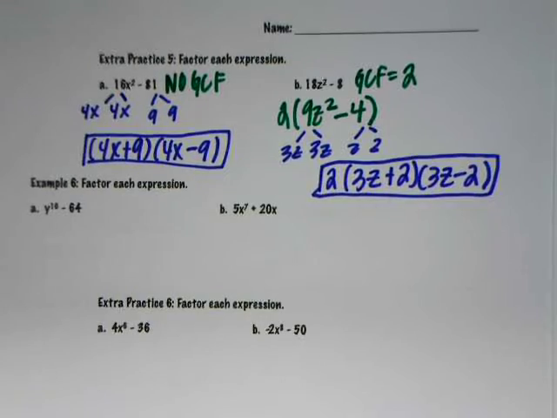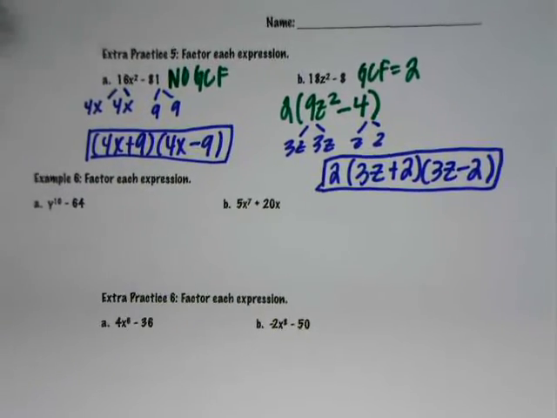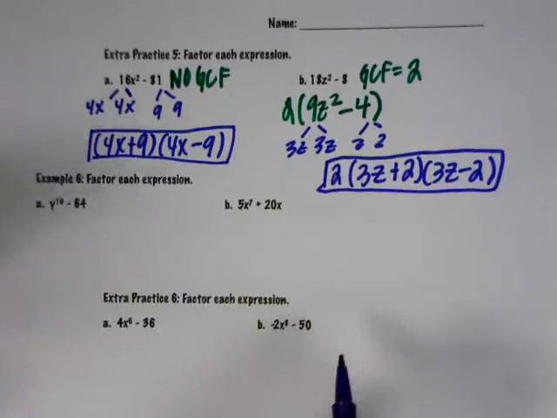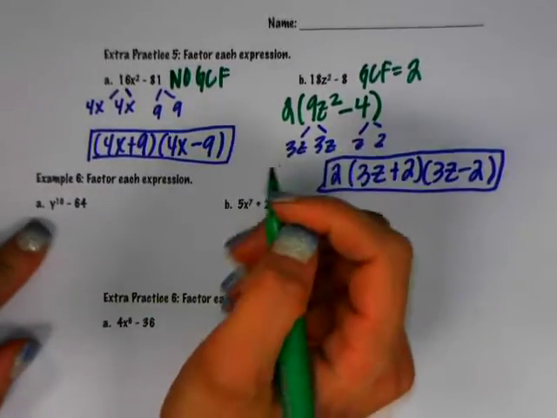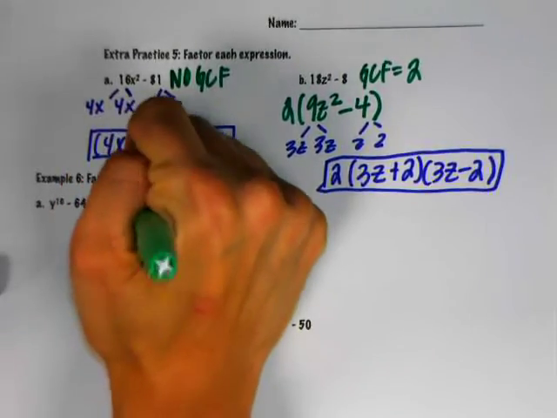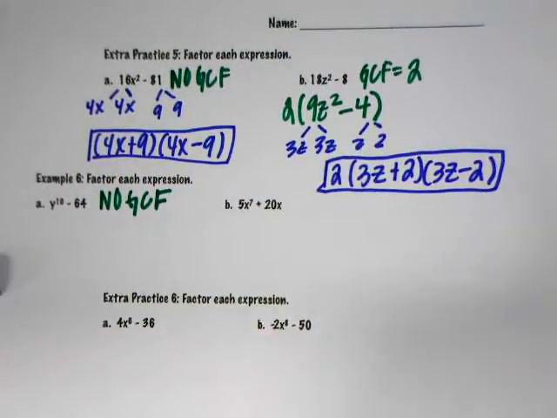Okay. These last ones, we're not going to focus on them a whole lot, but it's just good review of exponent rules. So for this one, for A, is there a GCF? No. Okay, is it subtraction?